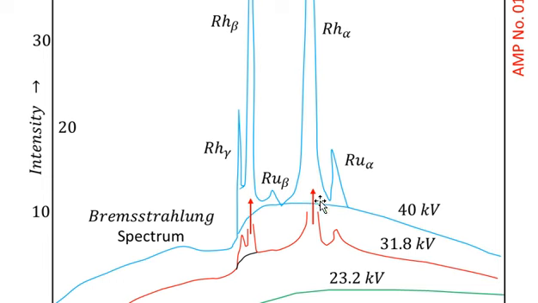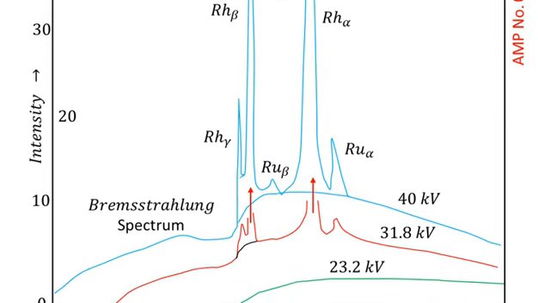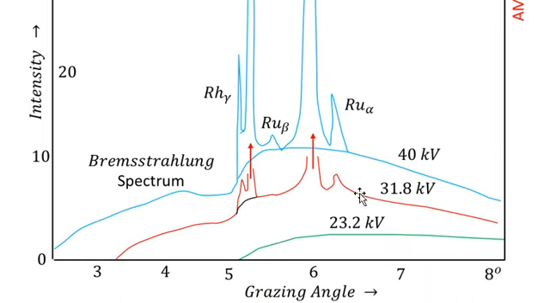Similarly, you see that the red curve, which is shown for the energy of the electron with the 31.8 kilo electron volt energy, gives you a Bremsstrahlung spectrum shown in red, and of course there are also some peaks which are shown with the arrow points, meaning that these peaks are moving forward in the upward direction.